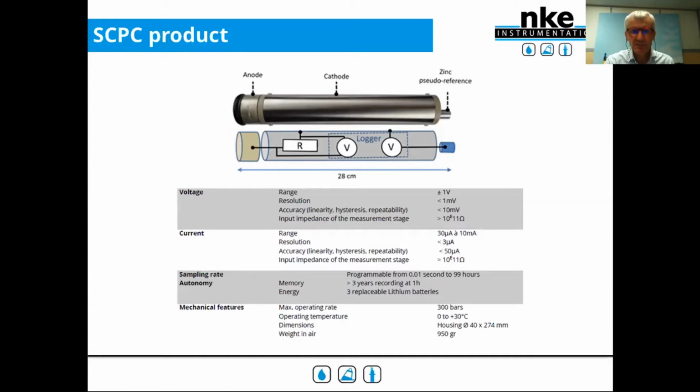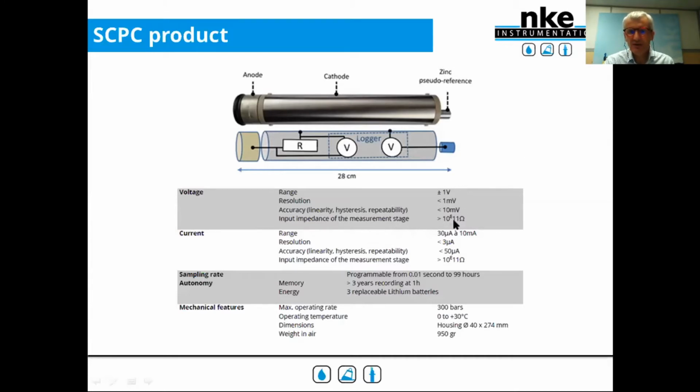This resistor is placed between the anode and the cathode. And the second measurement made by the SCPC is corrosion potential compared to the reference, and this reference is a zinc electrode placed here. So these are the main characteristics of the SCPC.